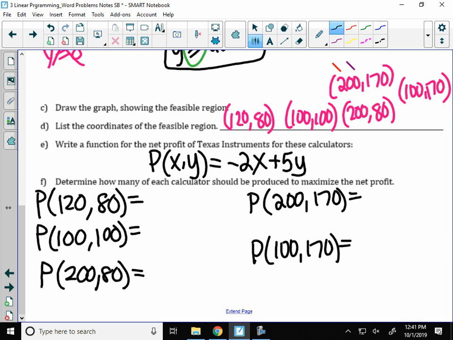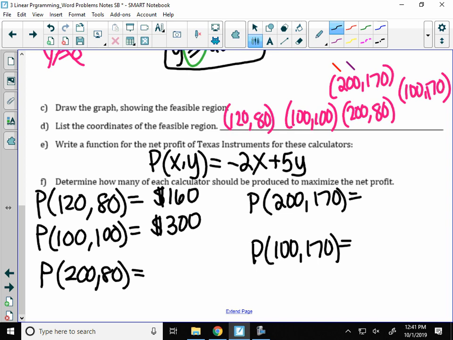Alright, who by the window can tell me the profit for 120 TI-30s and 80 TI-84s? How much is it? Does your row agree? 160? Okay, so 160 for the first. So everyone can write that down. Next row here, what's the profit for 100 of each calculator? How much? 300? Do you guys agree, your whole row agrees? Okay.